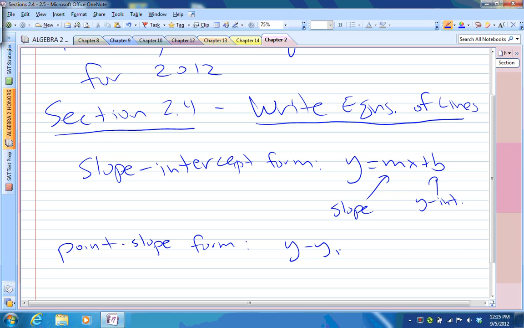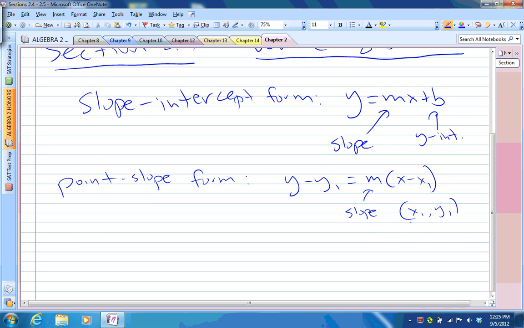And that looks like this, where m is still the slope, but then (x1, y1) will be a given point.